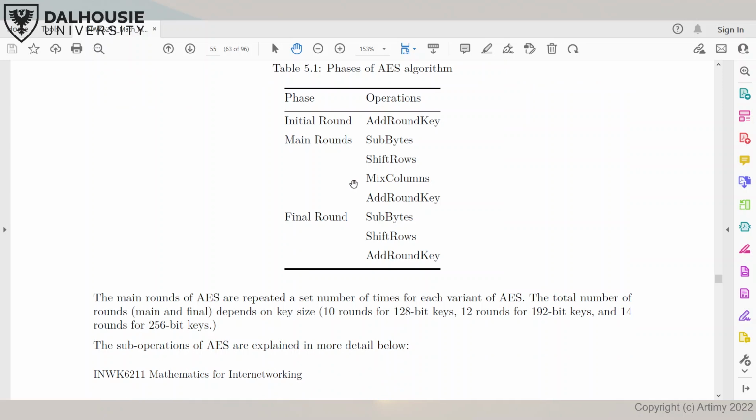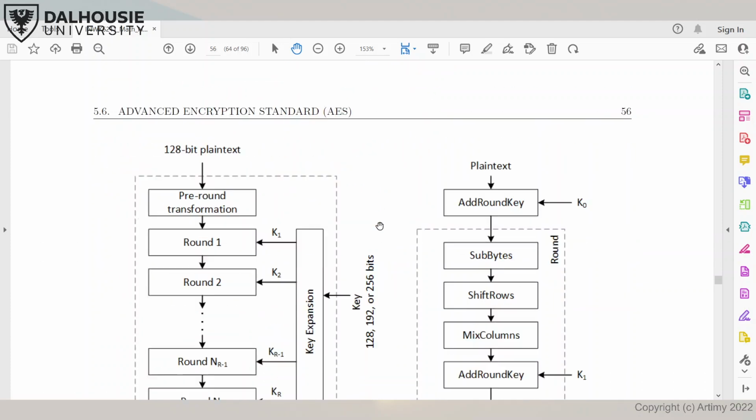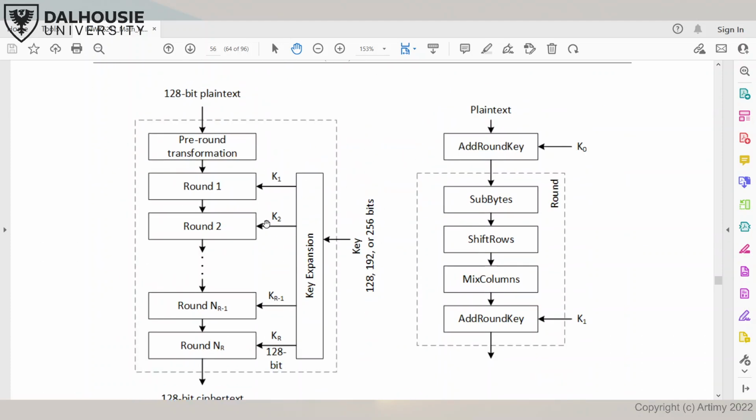Same as DES, we won't get into the details of the math, but we will look at how the rounds work. Here you see the same idea of taking the key and generating subkeys. The difference is that we started with a 64-bit key and broke it down into 16 48-bit keys.